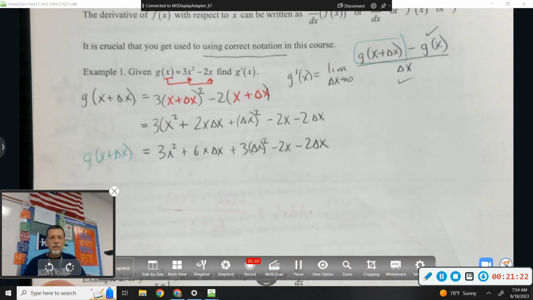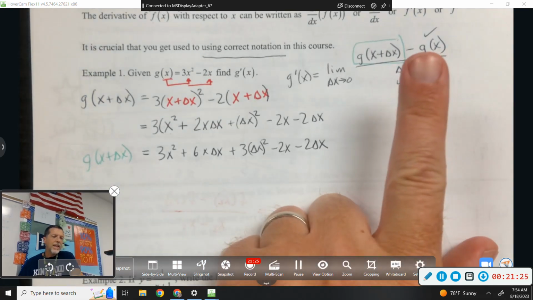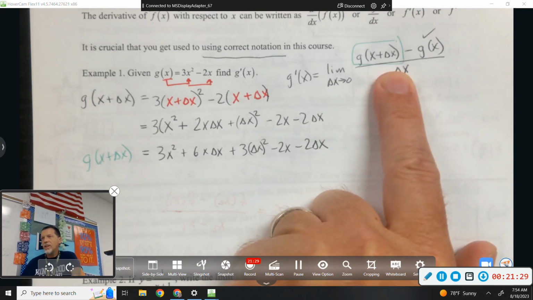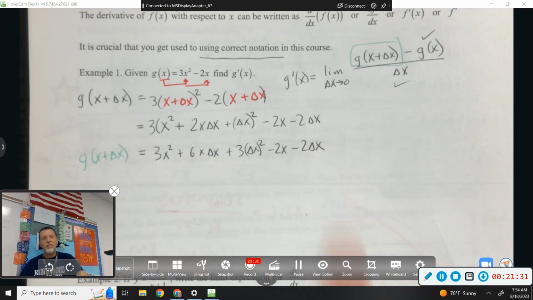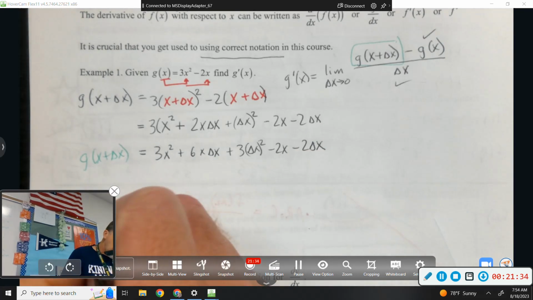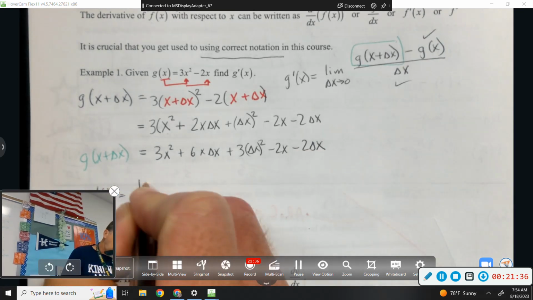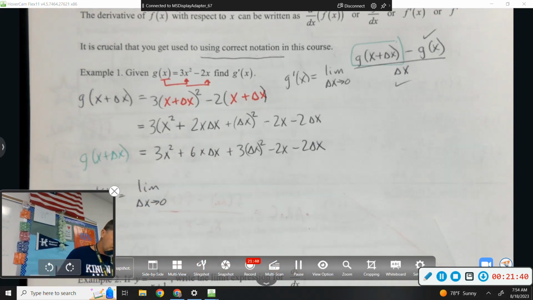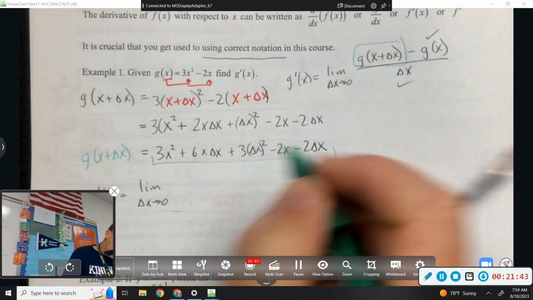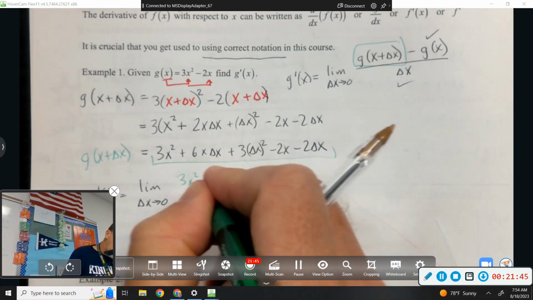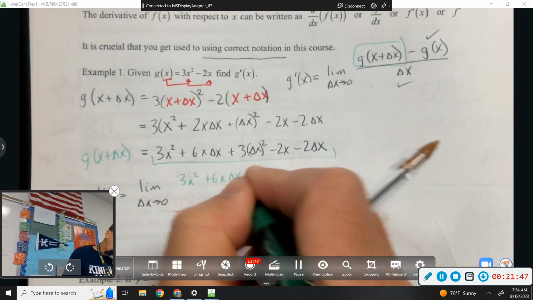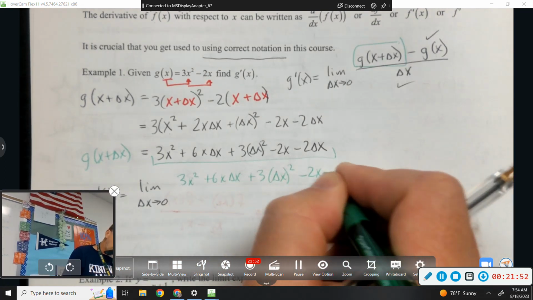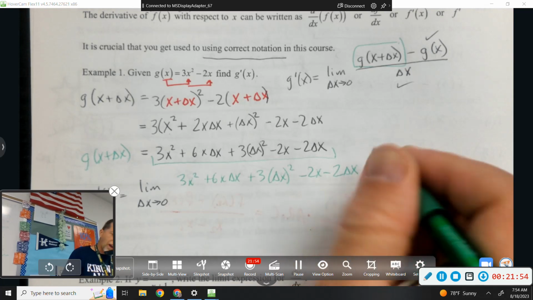So now I'm going to rewrite my definition of a derivative, and instead of just writing g of x plus delta x, I'm going to write all of that stuff in there. So g prime of x equals the limit as delta x goes to 0 of all of this stuff: 3x squared plus 6x delta x plus 3 delta x squared minus 2x minus 2 delta x.